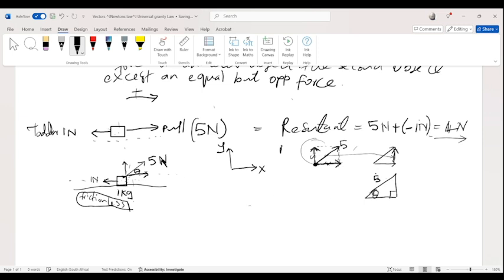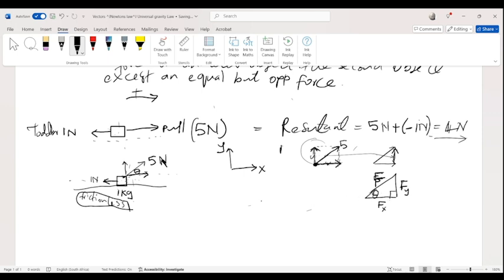Okay, let me treat this as an applied force. Now, if this is an applied force, this will be the component of the applied force, which is a y component. We have a y component and an x component.